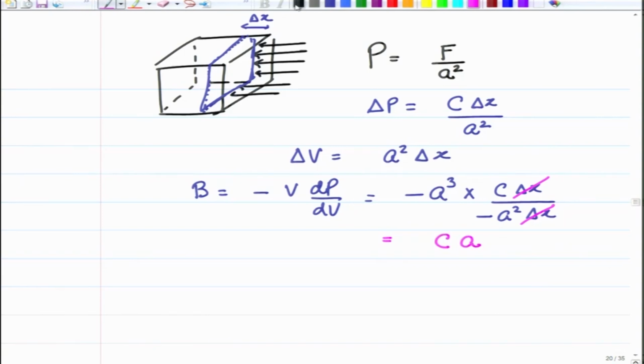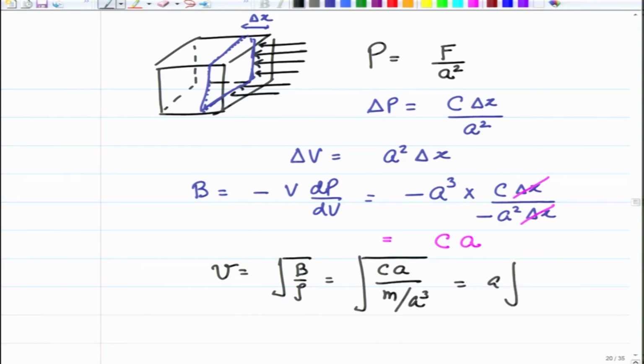And therefore, the speed of sound v, which is square root of B over rho, is going to be equal to square root of c a over m over a cubed, which comes out to be a square root of c over m, which is the same that we got from the dispersion relation between omega and k, calculated from that wave equation.